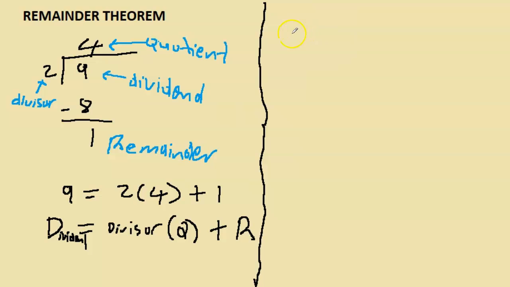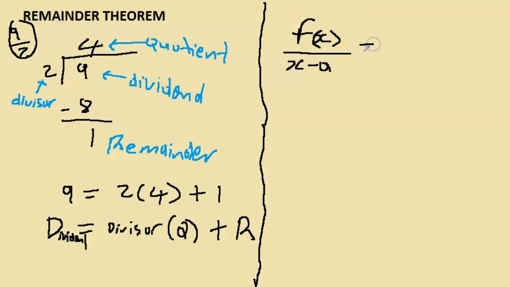So this was the case of 9 divided by 2, right? We're looking at 9 divided by 2. Now, suppose you have a case where you have f of x, a function, divided by x minus a. Now we ask ourselves, what would this be equal to?